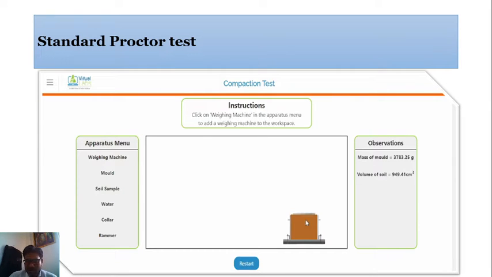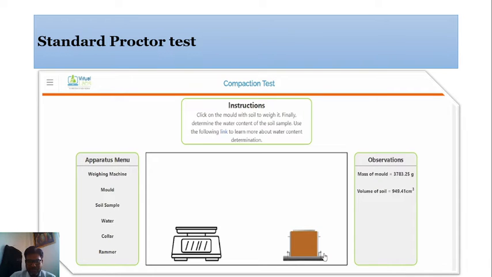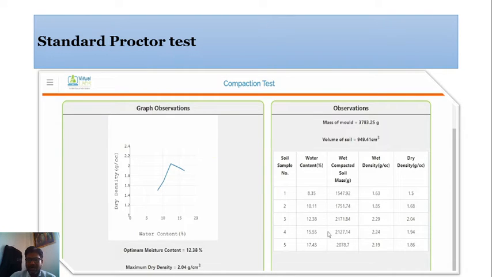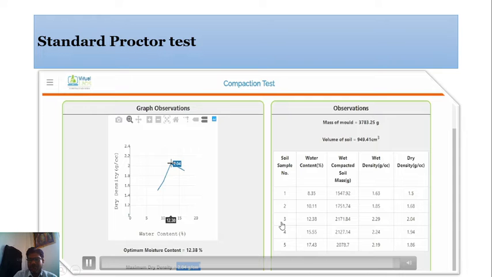Then we remove the collar and weigh the soil with the mold using the weighing balance, and we calculate the weight of soil and the water content at that point.